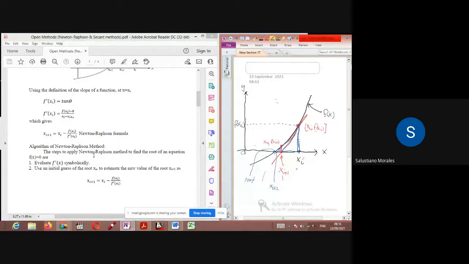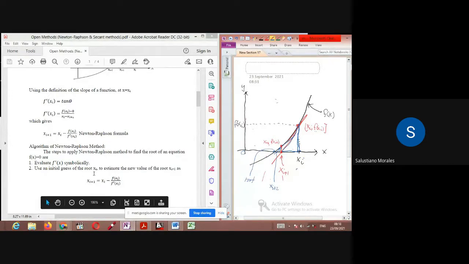So we go with the algorithm of this method. So these are the steps to apply the Newton-Raphson method to find the root of an equation, f sub x equal to 0. Number 1, evaluate the first derivative of the function using the analytical method. Second, use an initial guess of the root xi.